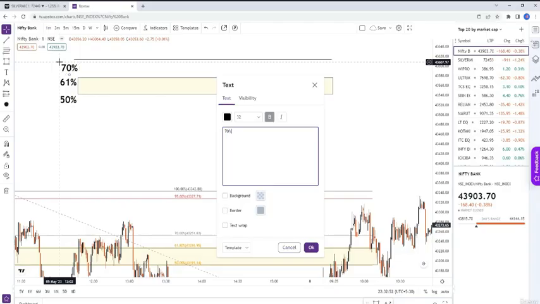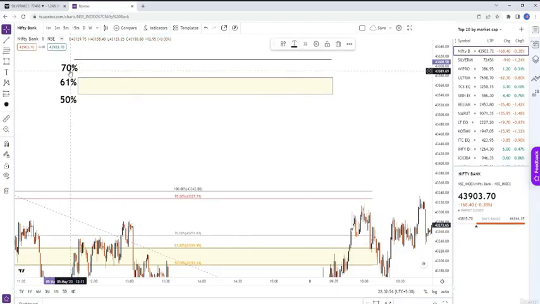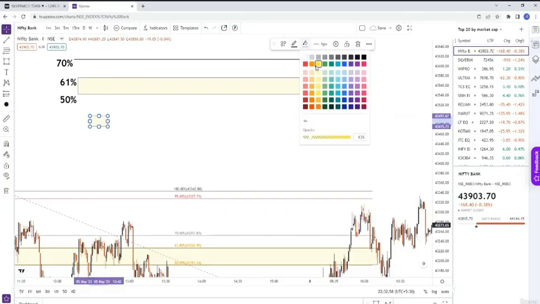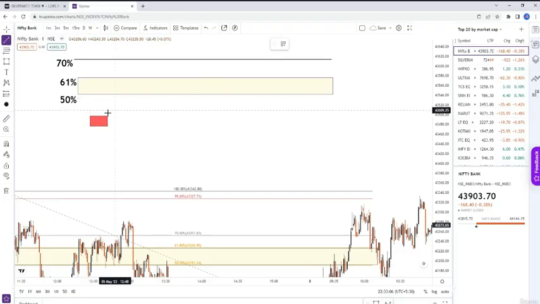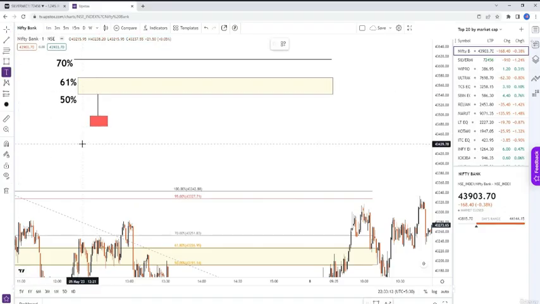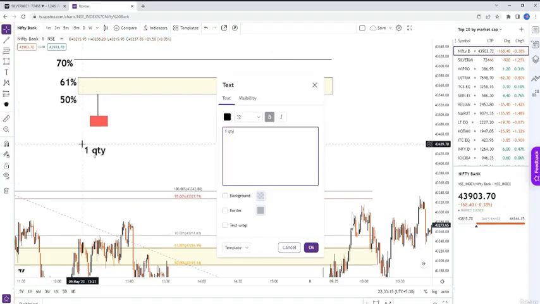In case of selling, I will sell immediately when I see a red or bearish shooting star candle touching 50% here. I can sell my one quantity here immediately. One quantity, one lot or 50%, whatever.